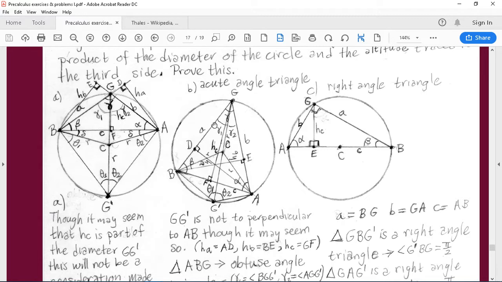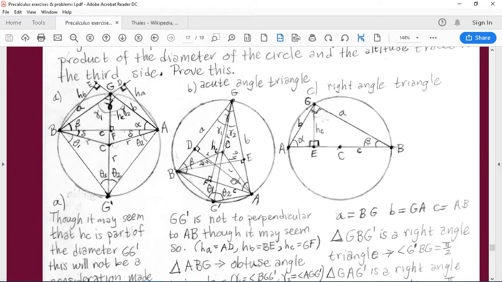which means that gamma 1 plus theta 1 equals pi halves, as they are complementary angles, since triangle BGG prime is a right angle triangle with the right angle being angle GBG prime.